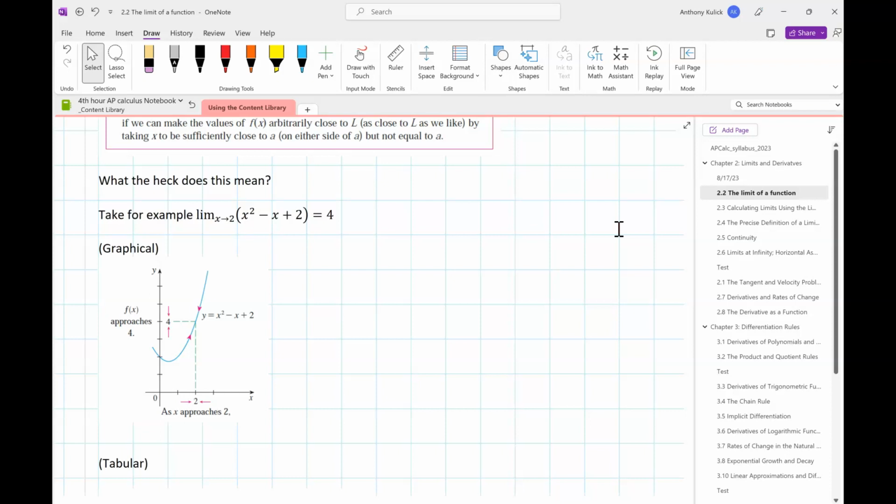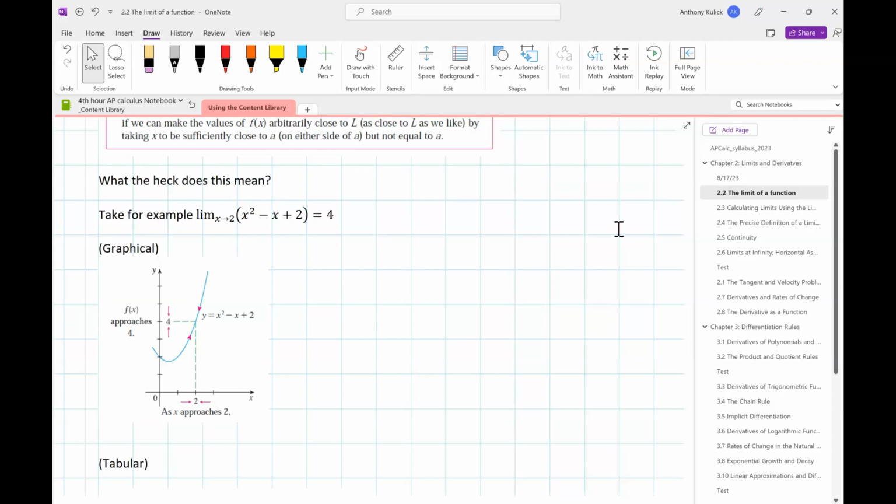I labeled 2 on the x-axis, and I drew a dashed line up to where f of 2 is in our function. And I drew a horizontal line across from that value to the y-axis so we could read what the value of f of 2 was. In this case, f of 2 is equal to 4. Is everybody okay with that?